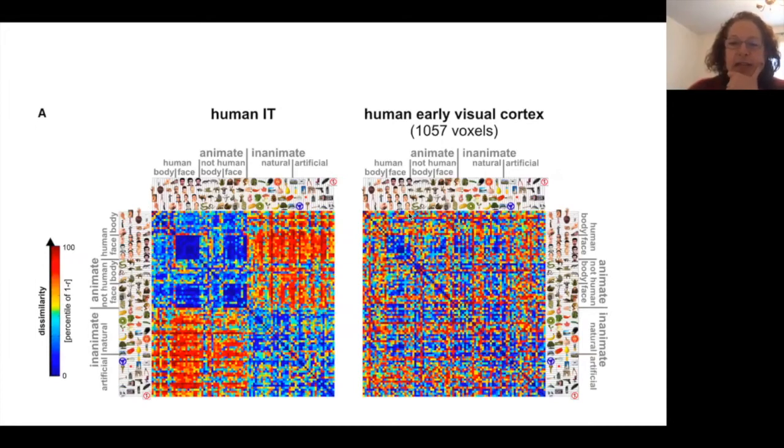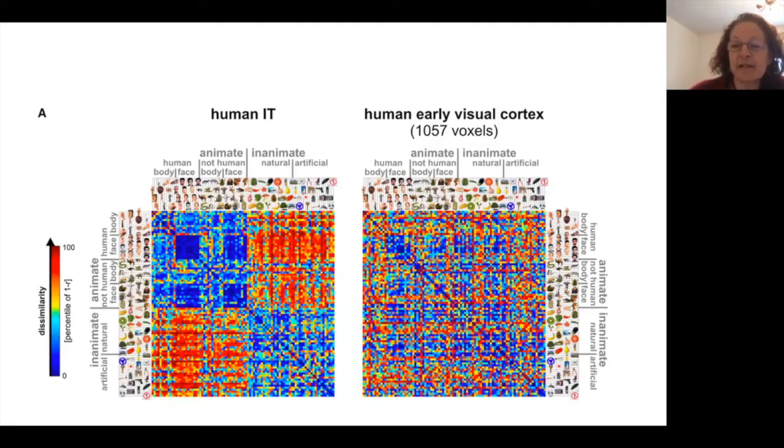So if you look at, now this is an RDM, a matrix of how similar and dissimilar brain activity in different areas of cortex is across a whole range of stimuli. If you look at early visual cortex on the right, you see that basically similarity in category structure is not reflected by similarity in activity.